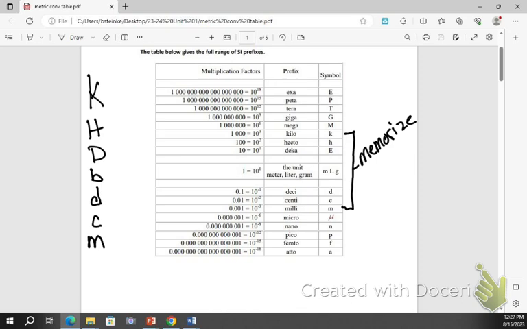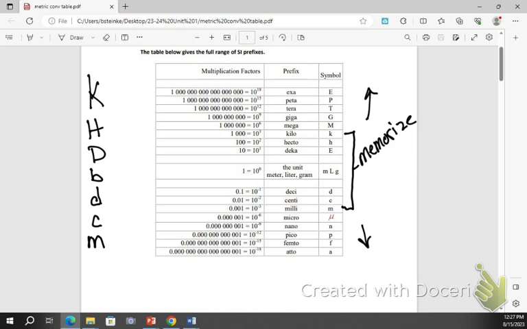King Henry died by drinking chocolate milk. You're gonna want to have something like that in your head. Okay? So everything above this bracket and everything below that bracket, I will always give you. I'll give you those conversion factors. You just have to be able to use them. Okay? The ones within this bracket you need to memorize.